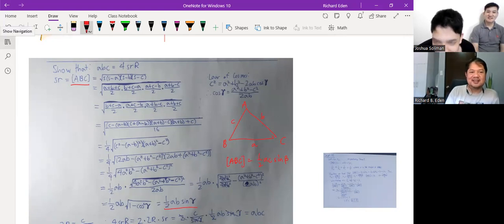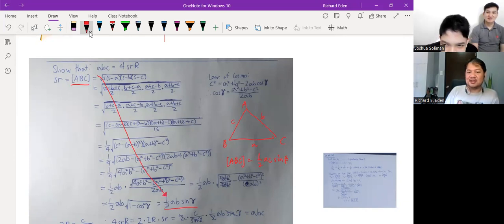No, but it still proves that it's really the formula, because Heron's formula leads up to it. If that was something that you remembered, then you could have gone straight to this. You take A times B and then gamma, the sine of the angle between them. Okay, sine gamma.